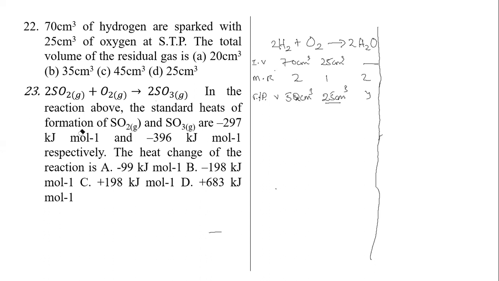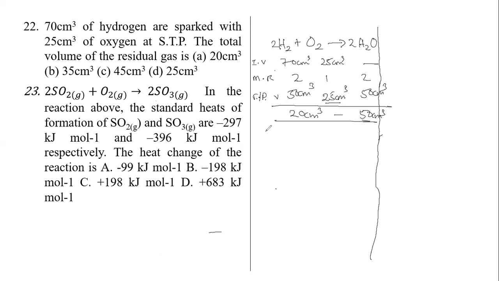All right, so it's just as simple as that. So what we have here is, 50 cm cube of this one will react, 50 cm cube of this one will be produced. So this one, you subtract it, it's going to be 20 cm cube. All of this one has reacted. This one is 50.